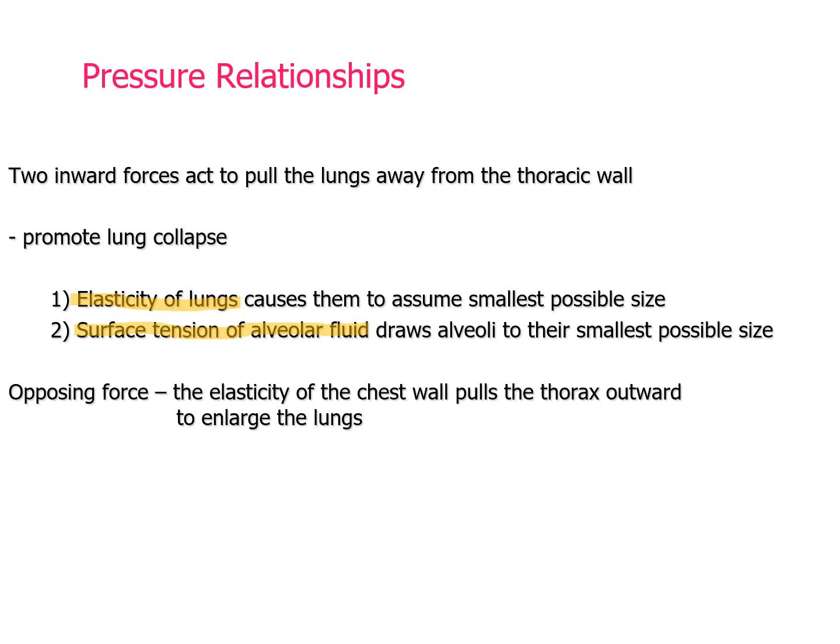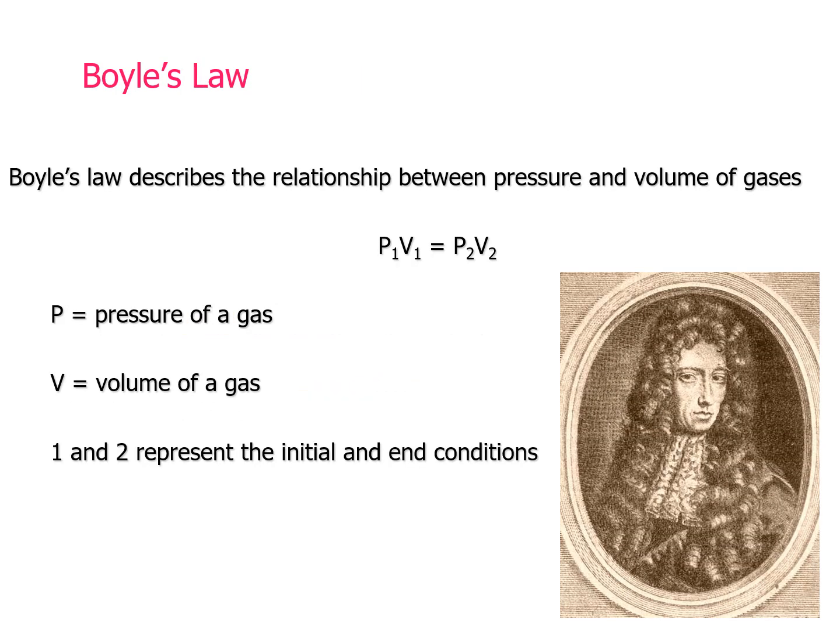The opposing force that keeps the lungs enlarged is the elasticity of the chest wall itself, pulling the thorax outward to enlarge the lungs. Boyle's law, as I told you, P1V1 equals P2V2. It really represents the initial and end conditions in terms of inhalation and exhalation quite nicely.